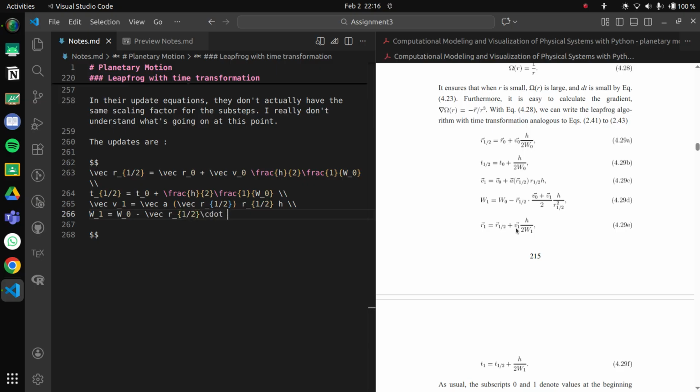I get it, the gradient and all that, but still. And then the final equation. No, not the final equation, there's more.